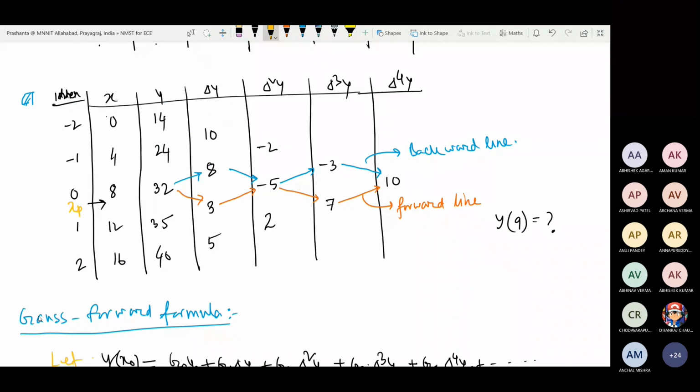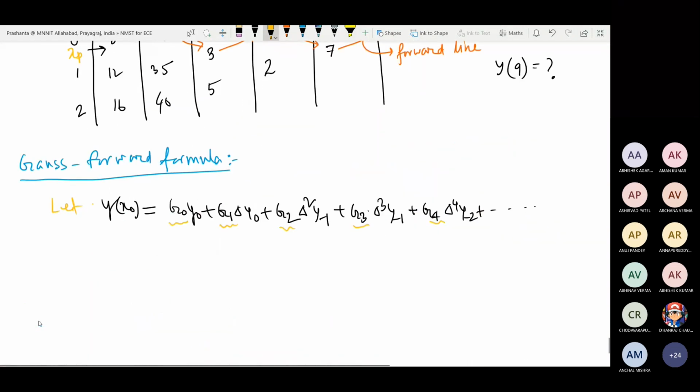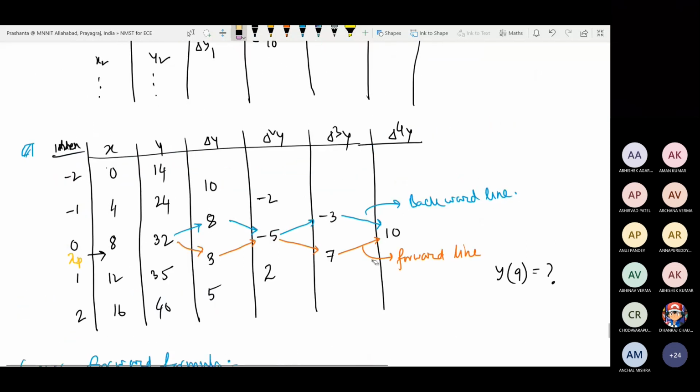If xp is the point here, then y of xp is at an arbitrary data point. xp is any value of x from x naught to xn, the point where you want to find the output value, or simply put x. This is y of x. What will be the output at any point, that is given by this y of x. What do I need? I need the output value at any arbitrary point, I need a polynomial.